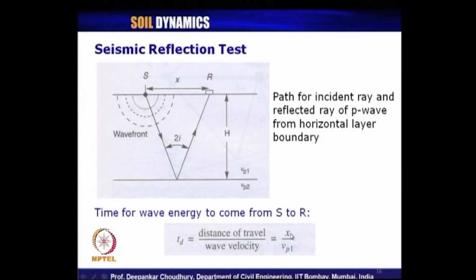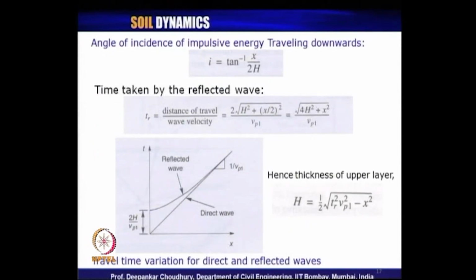So, T d is this one, whereas the reflected wave is the next one which will arrive at your receiver. So, that time T r will be something different from T d; it will not be the same. You can easily compute it from the geometry of the figure that was shown. This is the expression for the distance of travel by wave velocity, that is, the reflected wave time taken.